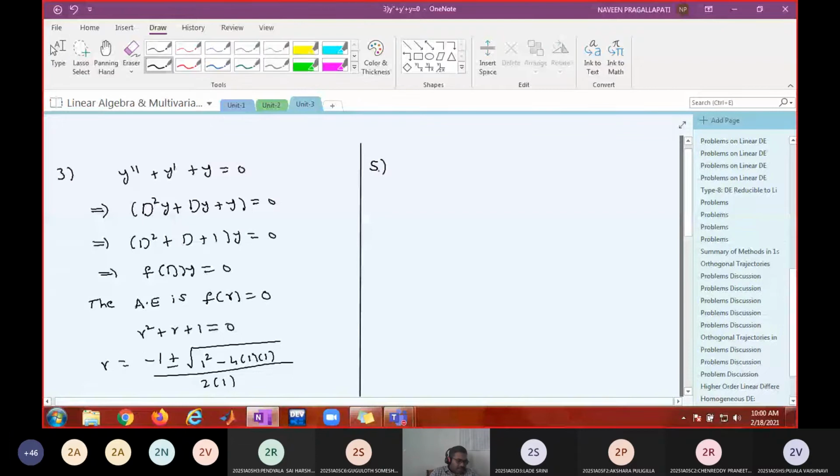Let me write like this: 4y power 4 minus 8y triple dash minus 7y double dash plus 11y dash plus 6y equal to 0.